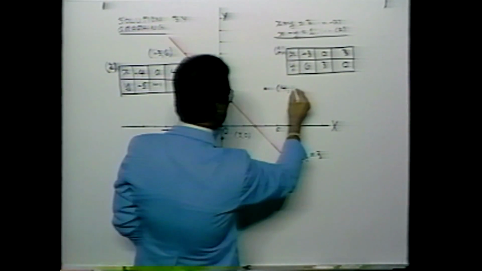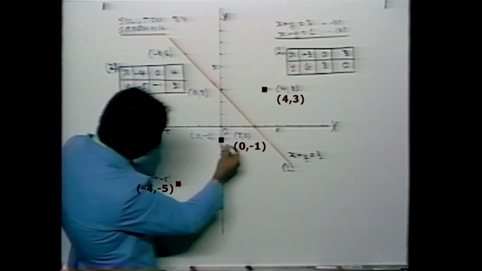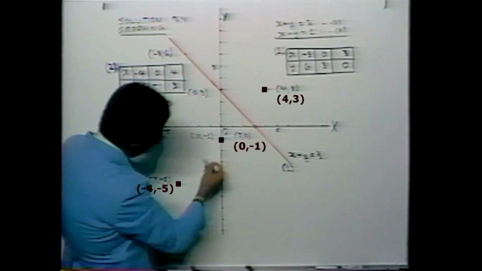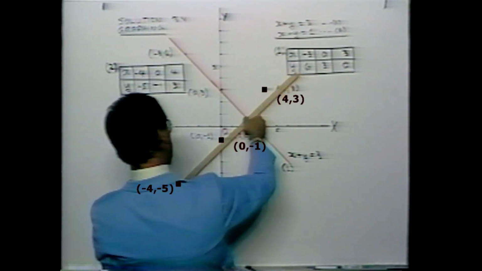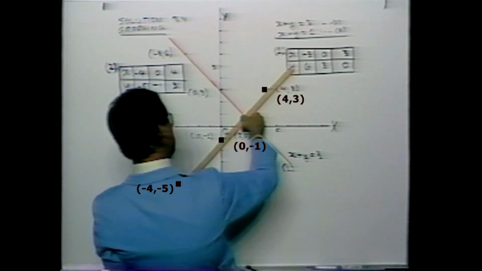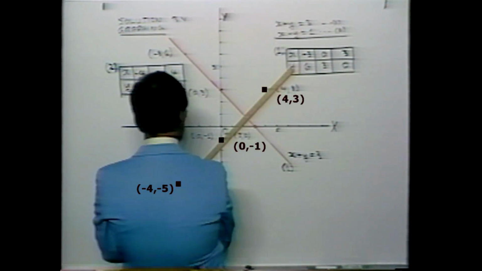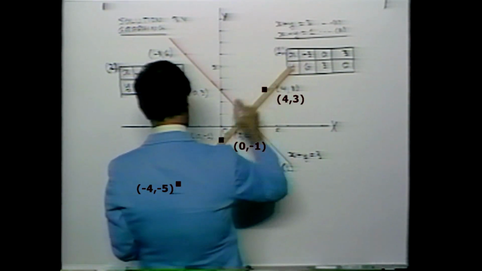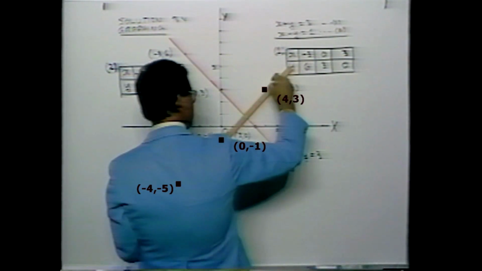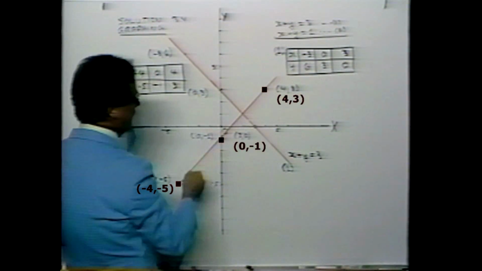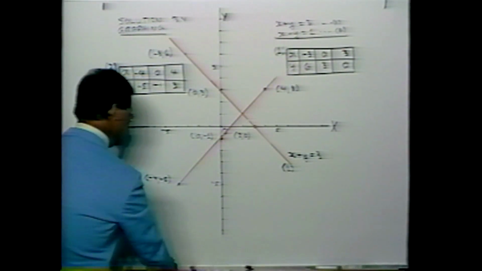Check to see if the points are along a straight line. On graph paper, you will find that they are. And so, draw a straight line through these points. And that line then represents equation 2.